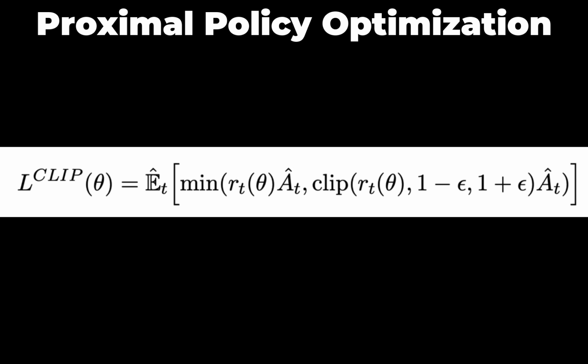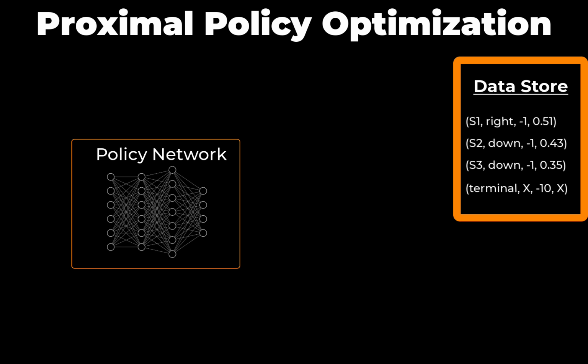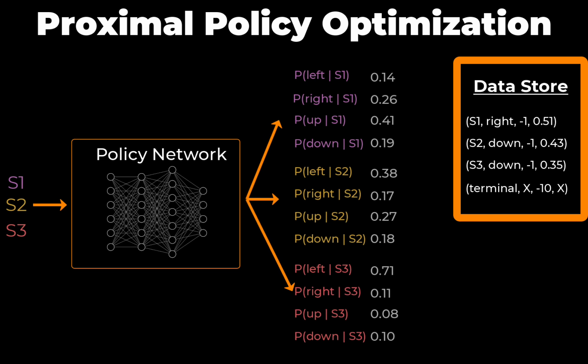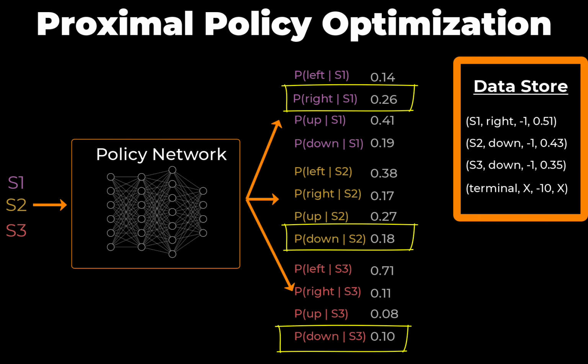Now, if we write it in mathematical form, the policy network loss looks like this. Very cumbersome, but let's explain what's going on. First, we'll get the batch of data that we stored. Next, pass the batch of states to the policy network to get the probabilities of actions. In each case, we only consider the probability of the action taken when we gathered the data.